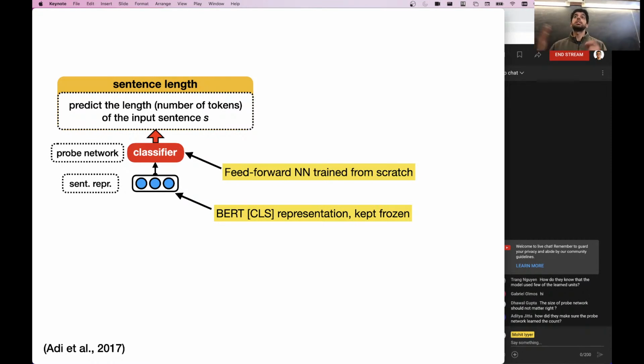For sentences that are not in its training data, can this classifier correctly predict the length? If the model gets a high test accuracy, that's a sign that it is actually learning to predict the length of the sentence from the representation and not just overfitting to the training data. It's very easy to make the classifier reach 100% accuracy on the training data, but it's only possible for the model to generalize to the test data if this information is present in the representation.